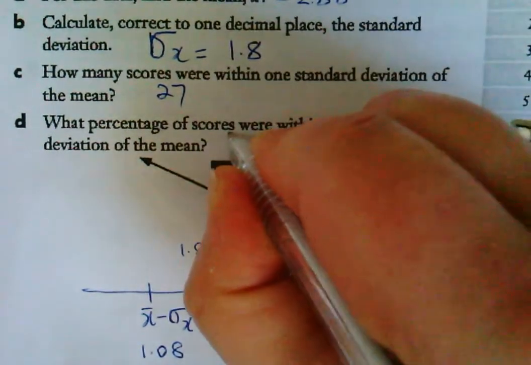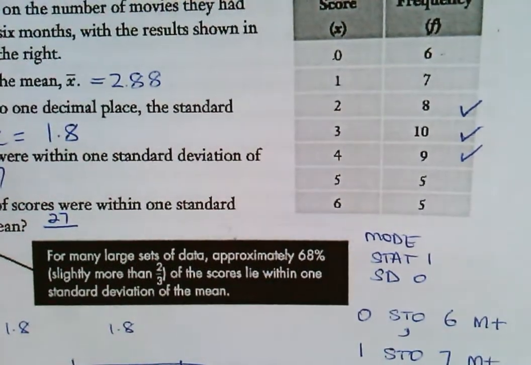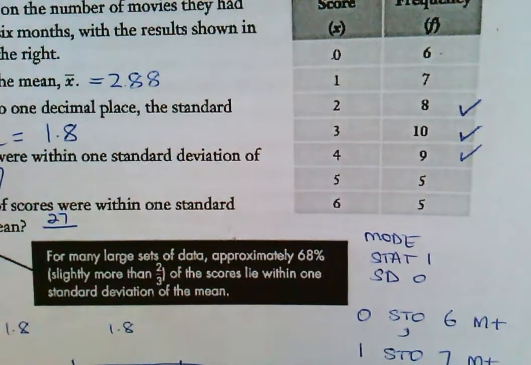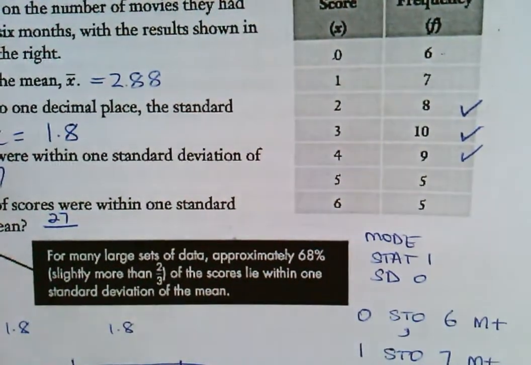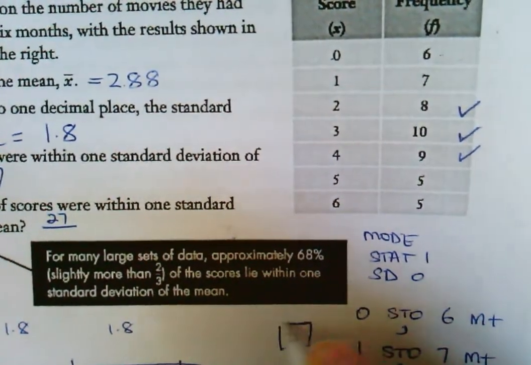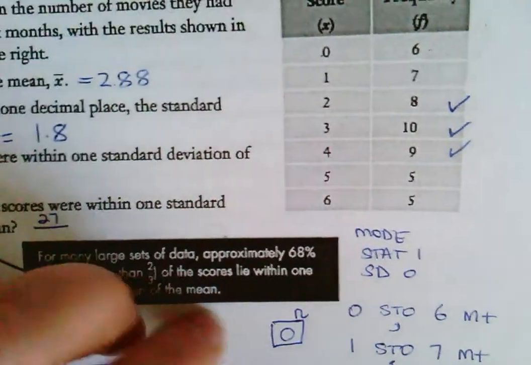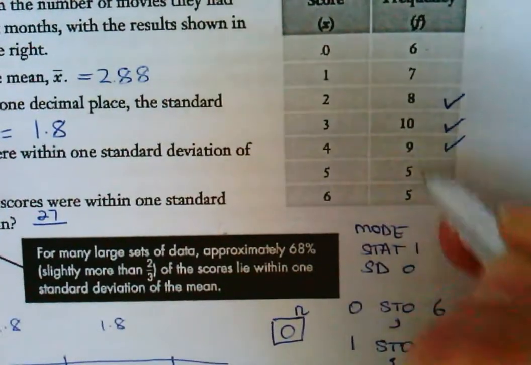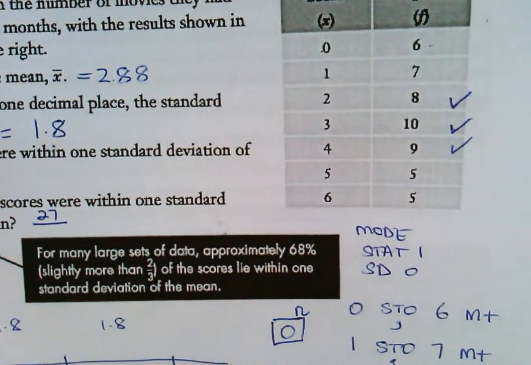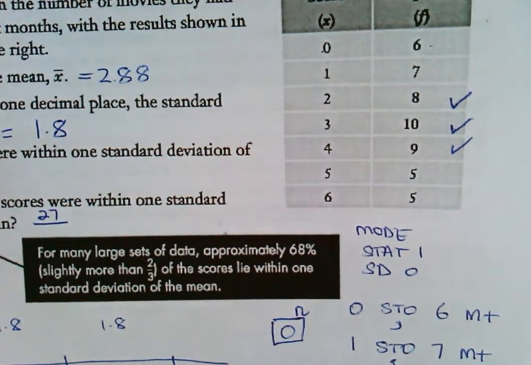And what percentage of scores are these? 27 out of, actually if you've still got your data in statistics mode, if you now do recall 0, because on top of the 0 is a little n, and n means number of scores. If you do recall 0, it actually adds up all these frequencies for you. And what do you get? 50.